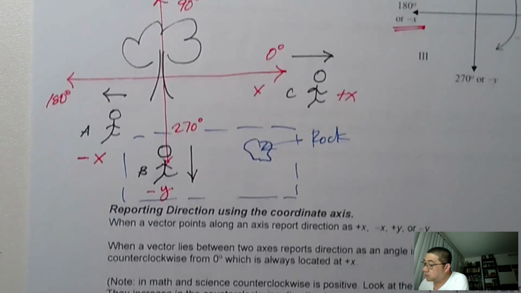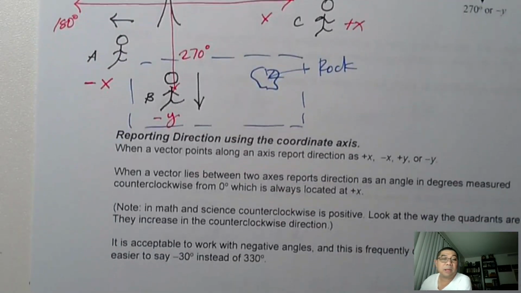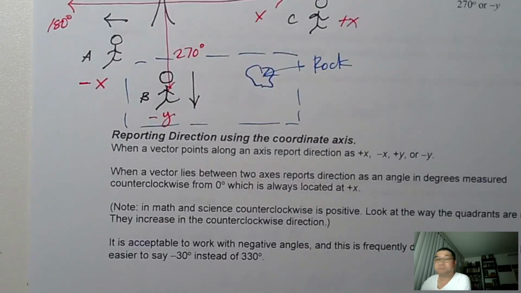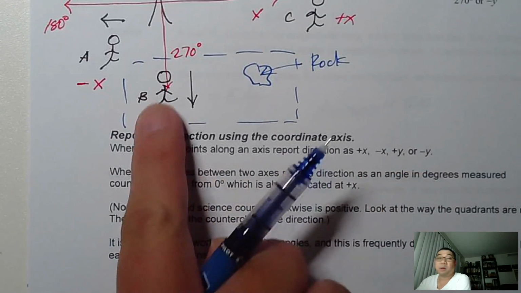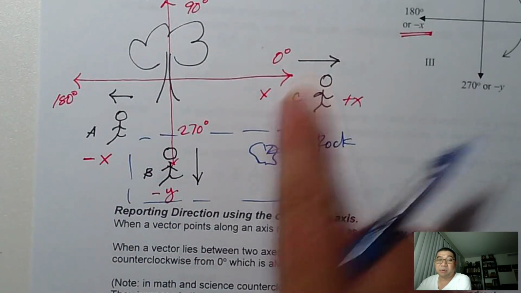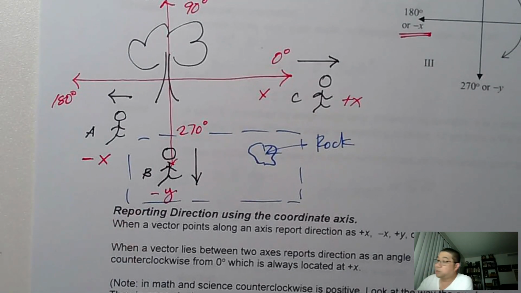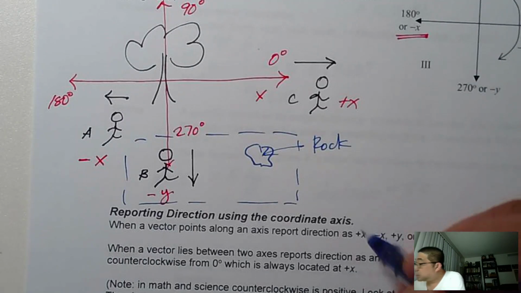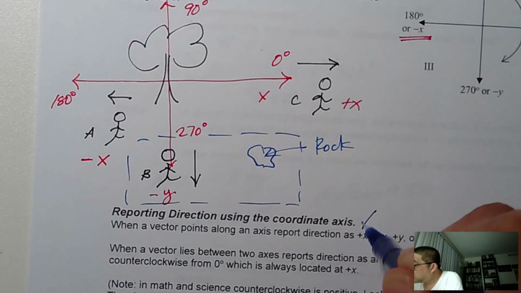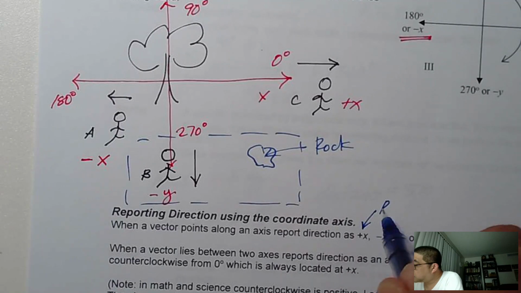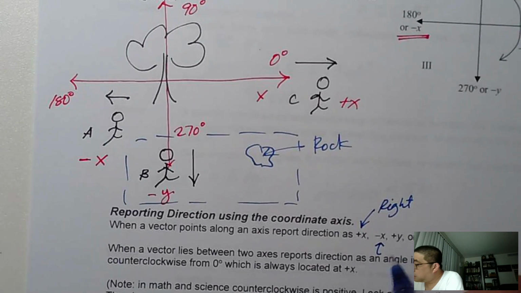I think this is self-explanatory. It tells you if it's negative or positive, and I already used this as an example right here, where positive is going to the right and going to the left is negative. So let's say over here, that is right, negative is left.